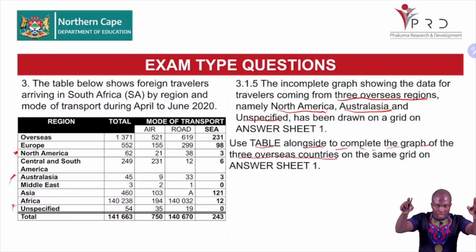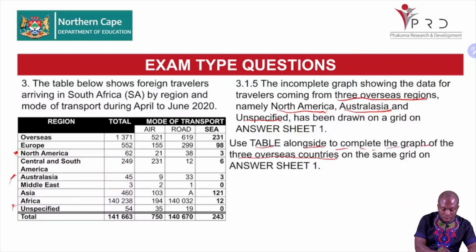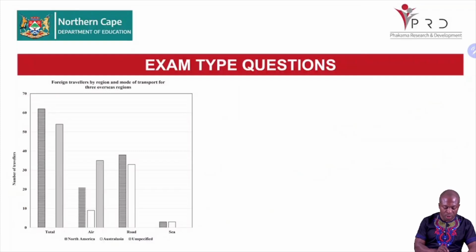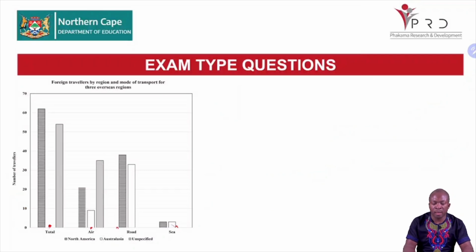So I give you the annexure. Yours is to plot North America. The next one is to plot Australasia. Then you plot unspecified in the spaces. So can you see there's a space here, there's another space that you're supposed to draw, and then there should be a space. I need those 3. If you have the graph paper, that will make life a little bit easier.